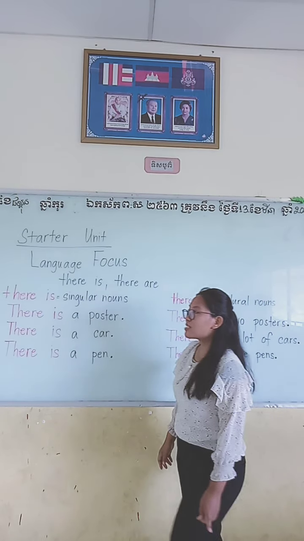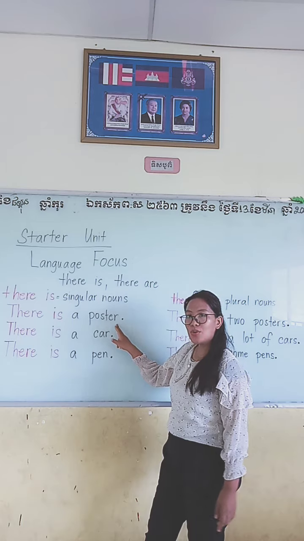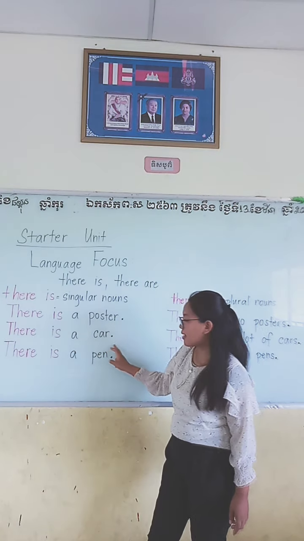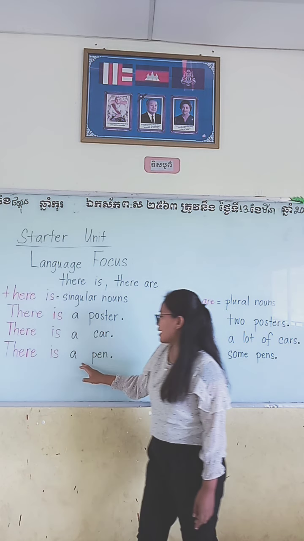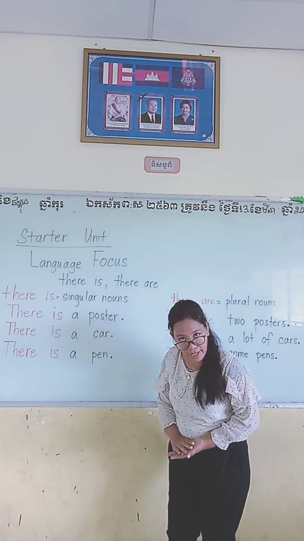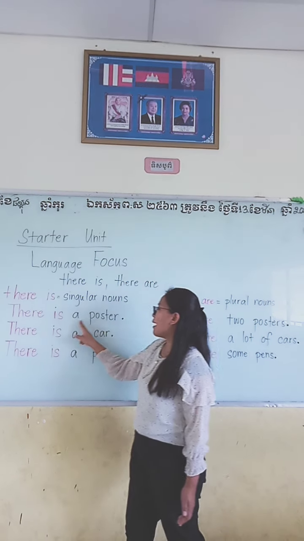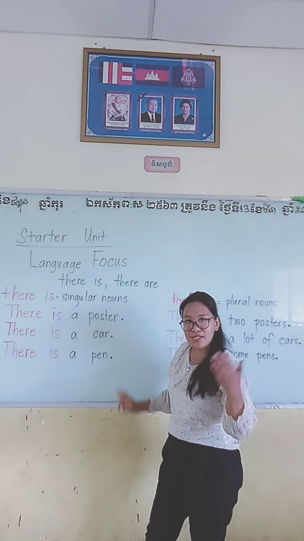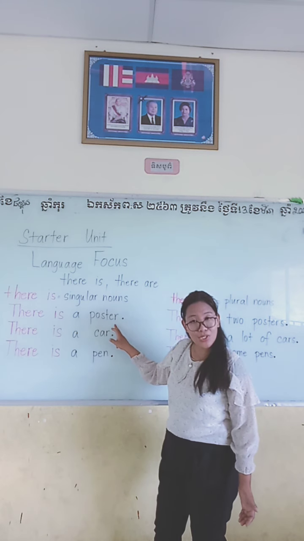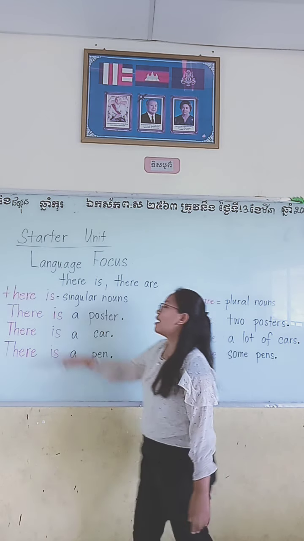Okay, let's read again. There is a poster. There is a car. There is a pen. Now, let's read again. There is a poster. Okay, please read. Very good. Next.